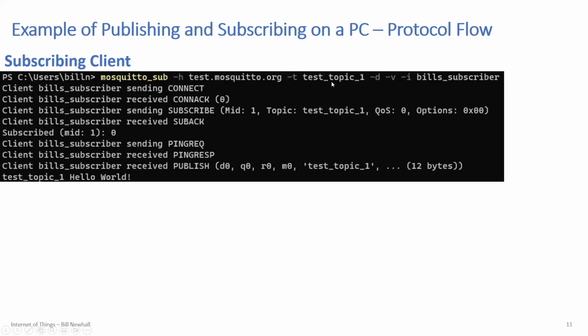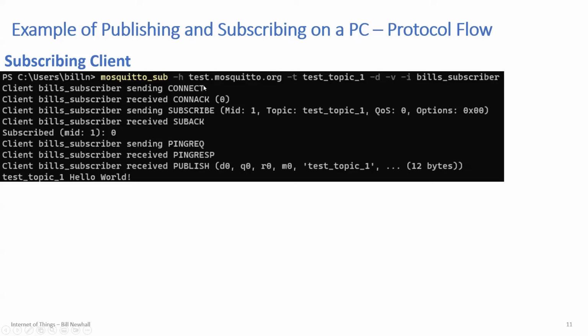My topic is test_topic_1. I just made that up. I turned on the debug messages so I can watch what's happening. That's -d, verbose -v, and I gave my client a name, -i, Bill's subscriber. And then this happens, so you can see what's happening behind the scenes. My client that I named sent a connect packet to the broker.